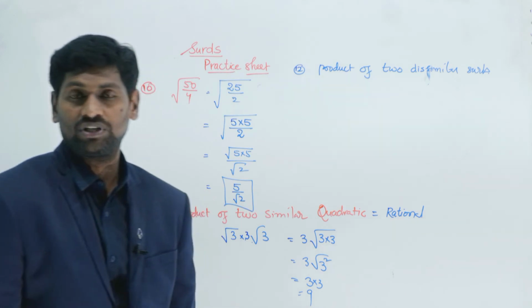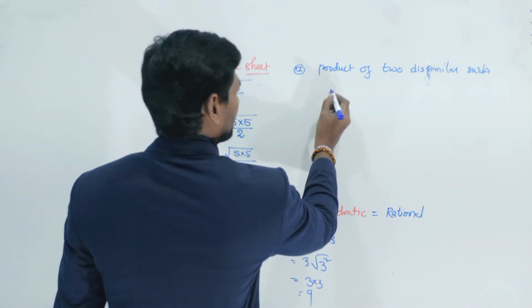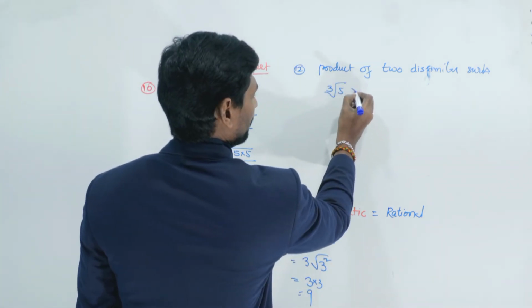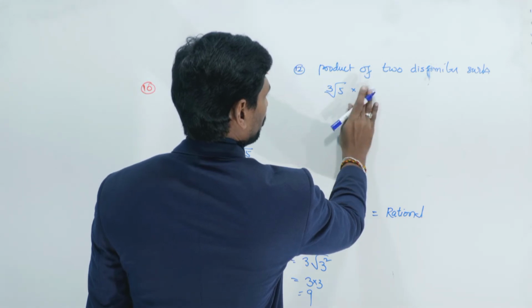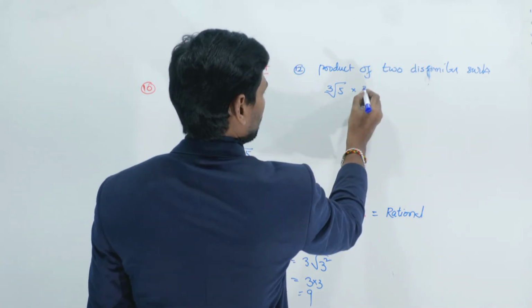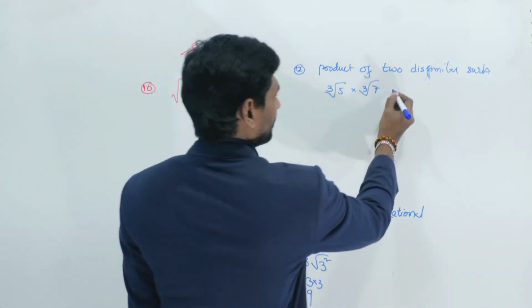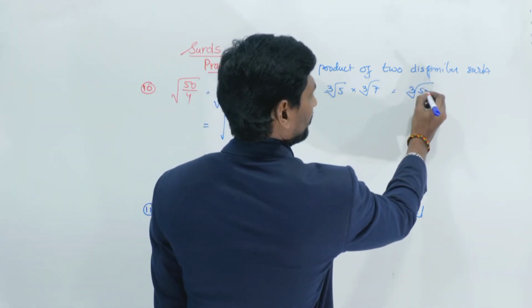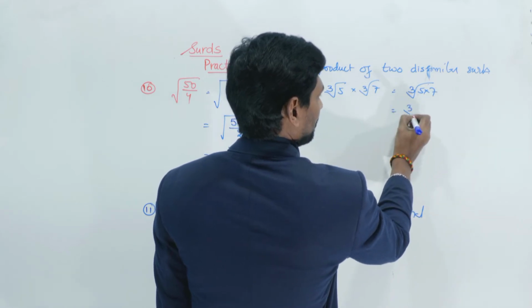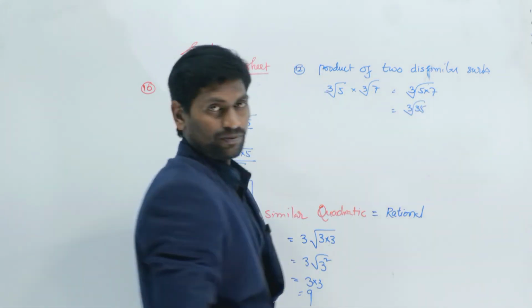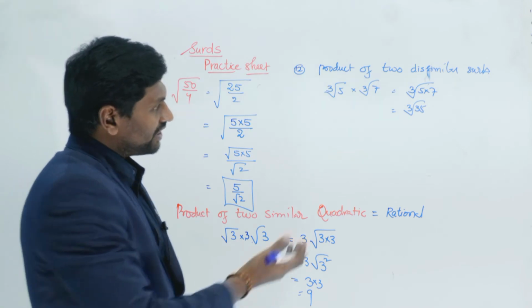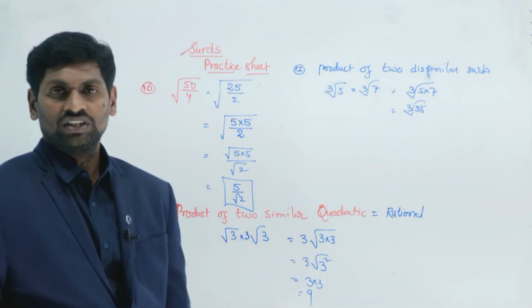For example, cube root 5 into cube root 7. That will be cube root of 5 into 7, that is 35. So we cannot simplify more than that. It is again a surd.